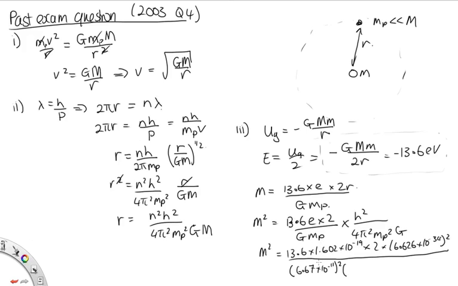So the mass of the proton is equal to 1.67 times 10 to the minus 27 cubed times 4 pi squared. And so solving this on the calculator, we end up with the mass is equal to 48 times 10 to the 6 kilograms. So 48,000 tons is the mass at the center of this atom.